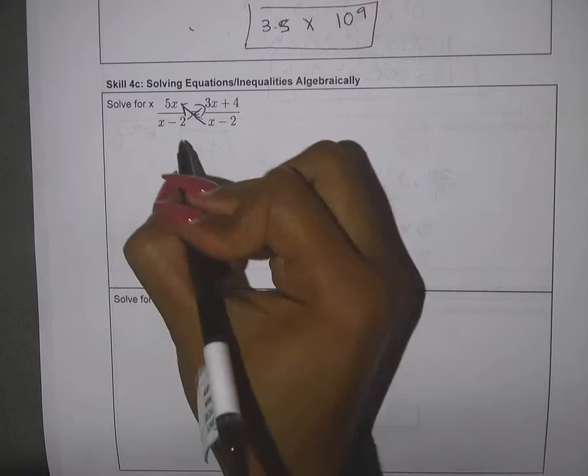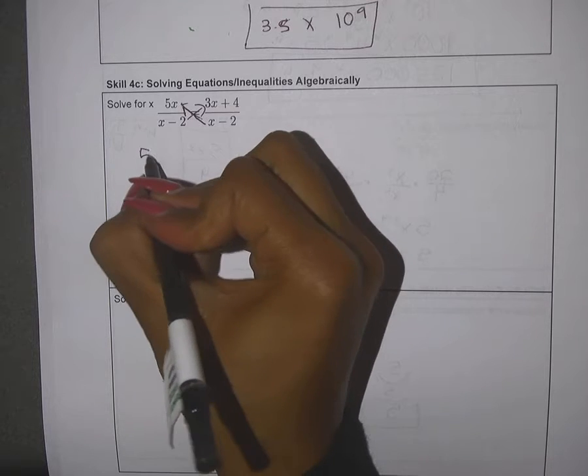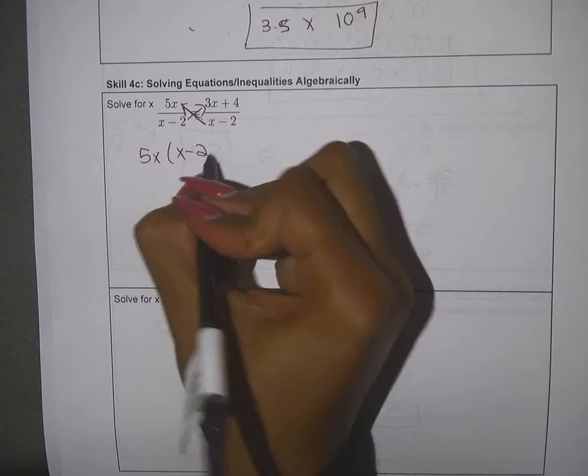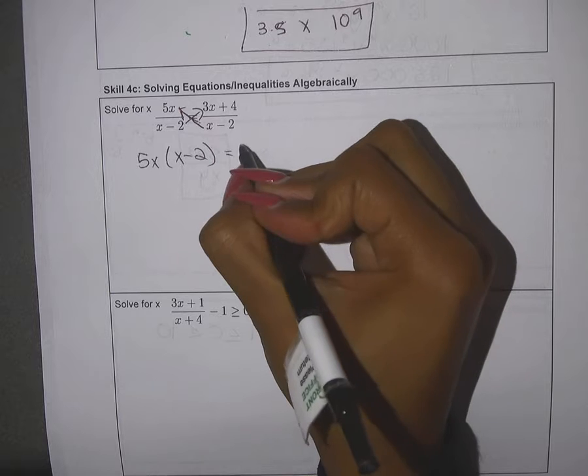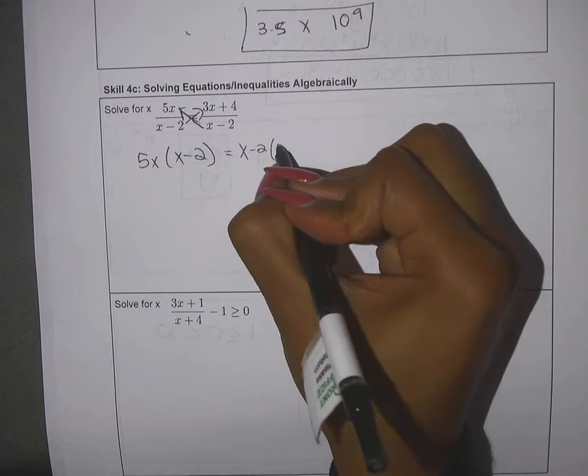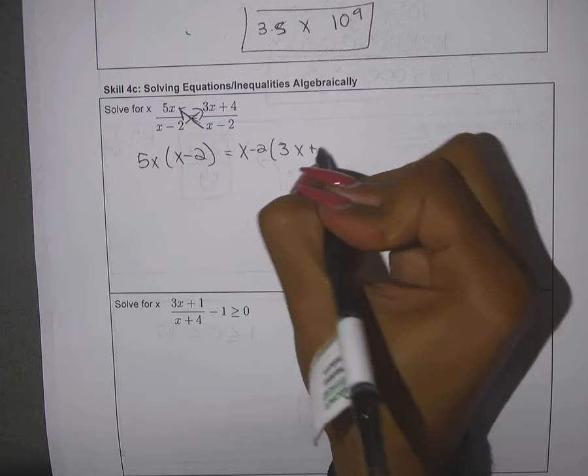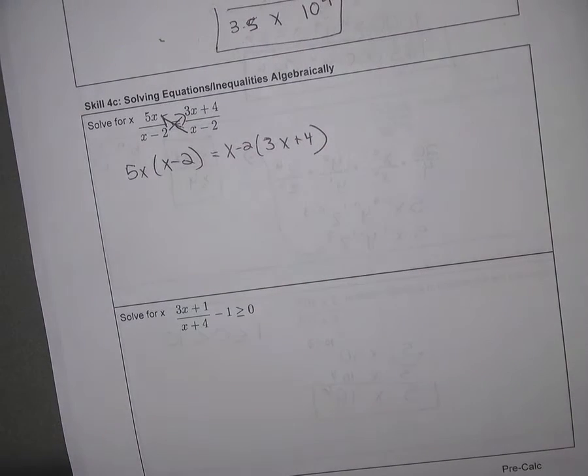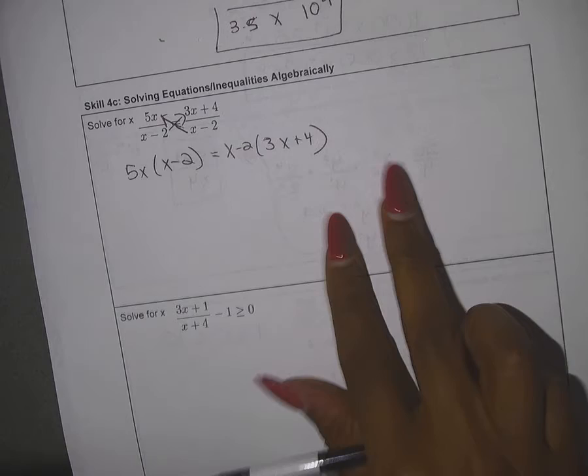So I'm going to go ahead and multiply 5x by x minus 2, and I set that equal to x minus 2 times 3x plus 4. Okay, so now, it's diagonal, I'm sorry.